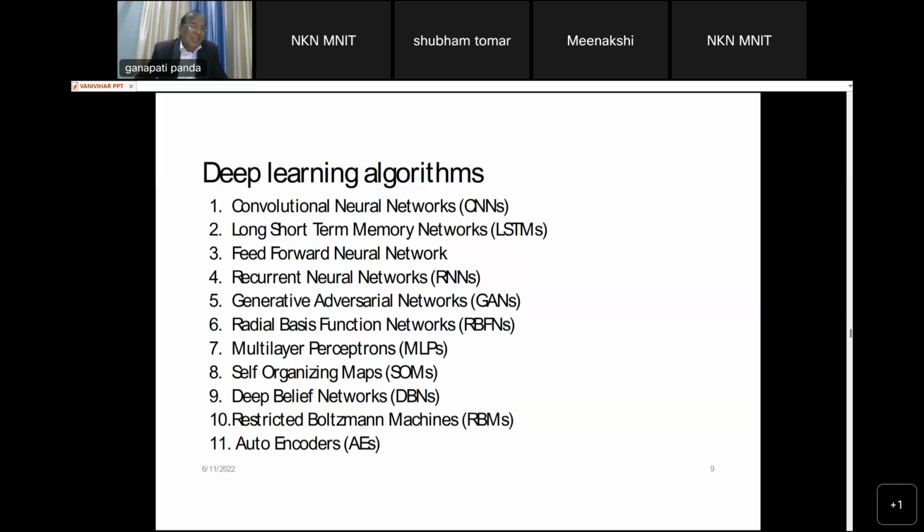Each one takes at least half an hour to get the fundamentals. But out of these, CNN is the most common one, everybody is using it. But the powerful ones are the GAN, deep belief network, restricted Boltzmann machine, and autoencoders.